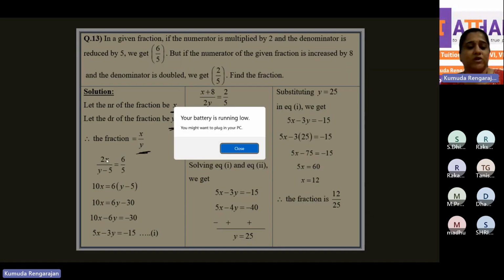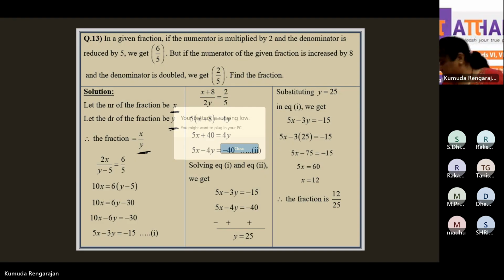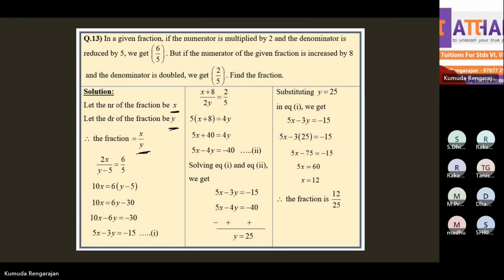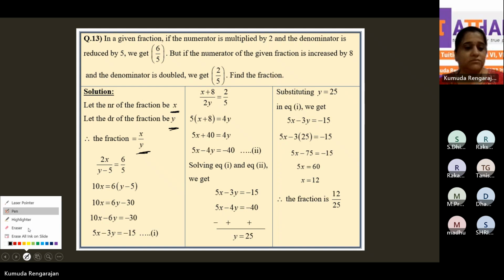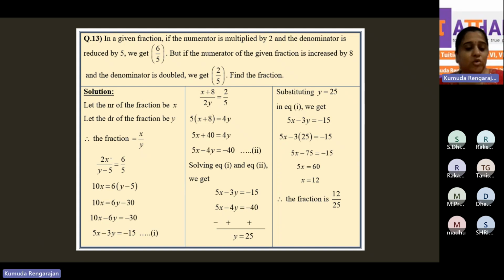If the numerator is multiplied by 2, that means x into 2 or 2x, and the denominator is reduced by 5, so y minus 5.